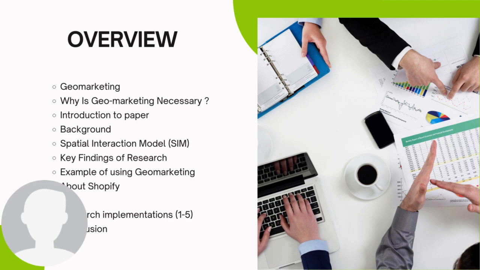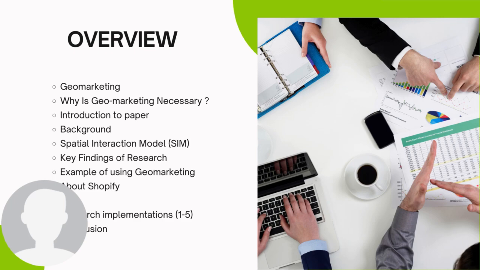Then we'll see a model which is used in our paper, which is the spatial interaction model, also called SIM. Then we move on to the key findings of our research. Then we'll see a live example of how geomarketing is being used in the real world.